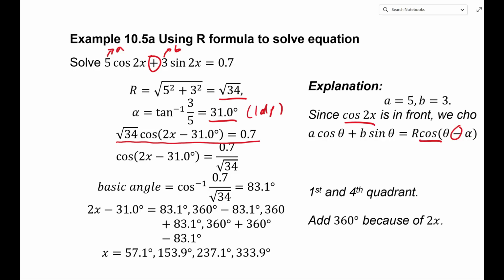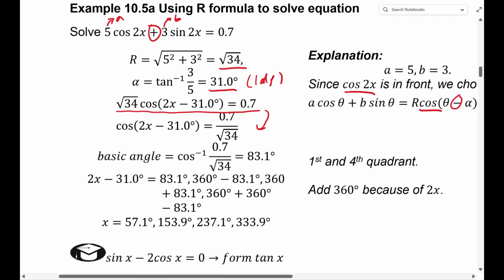Now you're trying to solve for x, right? So your work doesn't end here. You need to bring the square root 34 over, so you divide both sides by square root 34. And since you're finding x, you need to first find the basic angle of 2x minus 31 degrees. So you do cosine inverse, and you get your basic angle of 83.1.